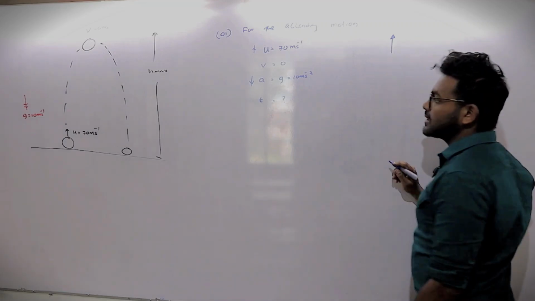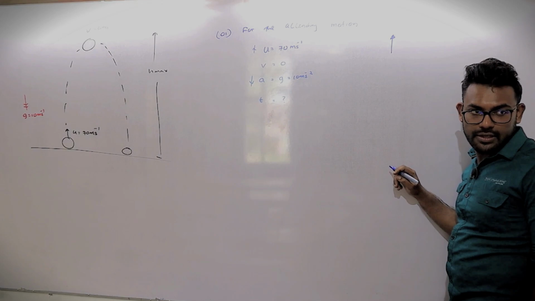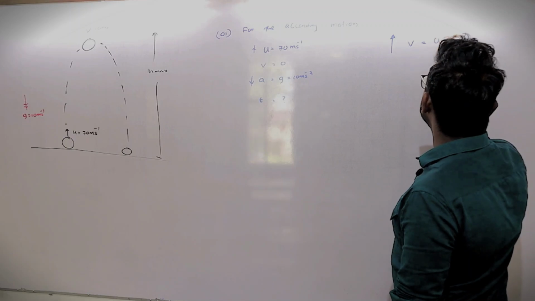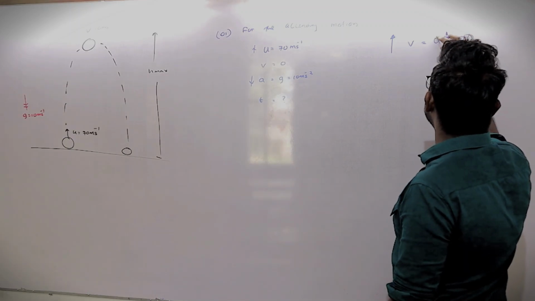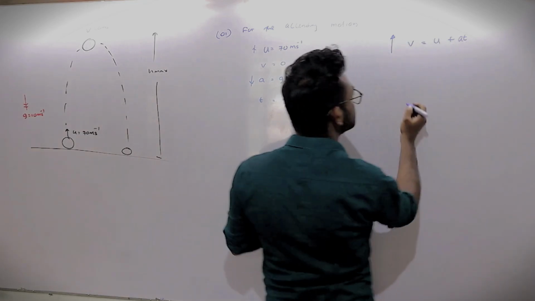So what's the equation that we can put? It's better you put v equals u plus at, upwards, right?